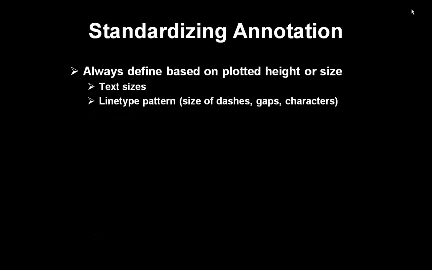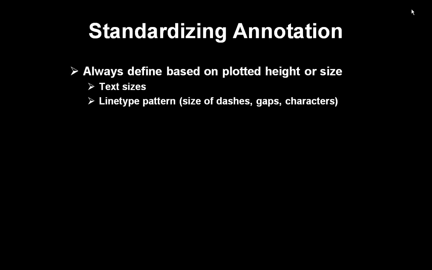So next let's talk about that line type pattern. When we say the line type pattern, we are talking about setting this up according to the plotted size of dashes, gaps, and characters or symbols in that line.